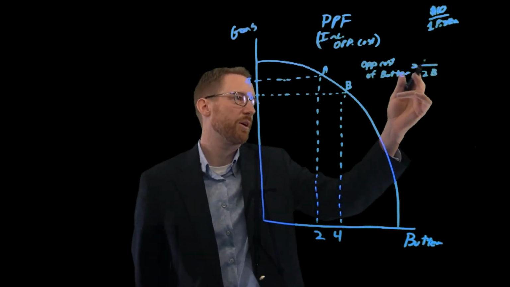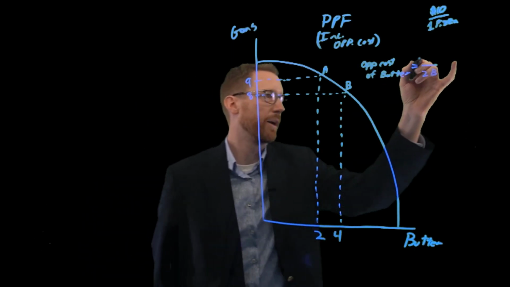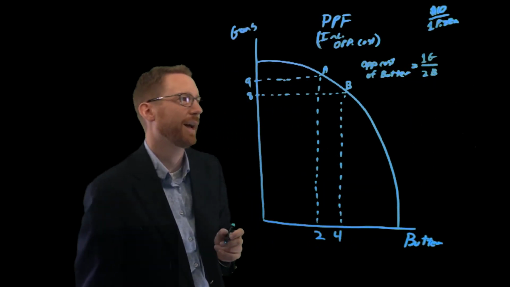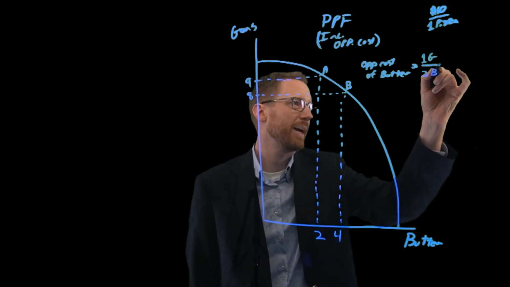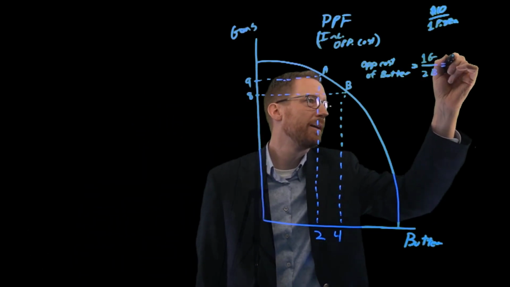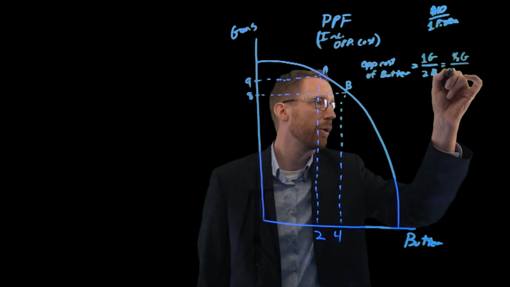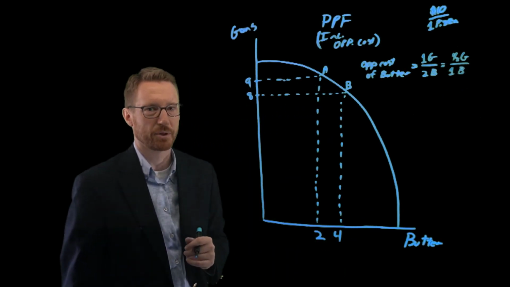So what is the cost? What did we give up? What was the price we paid? It was 1 gun. Now, what does 1 gun over 2 butters mean? Well, now we just simplify it down, right? So it's a half a gun per 1 butter. That's our opportunity cost.